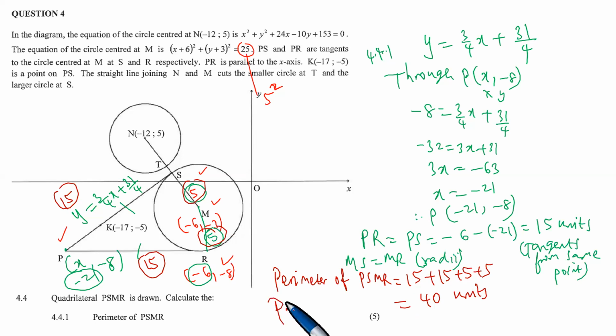This is the perimeter of PSMR. The perimeter of PSMR is 40 units. And we are done.